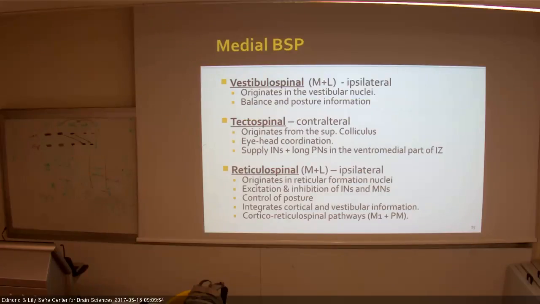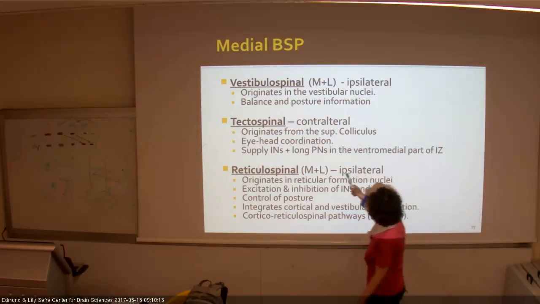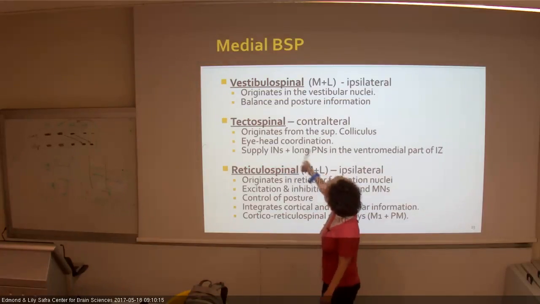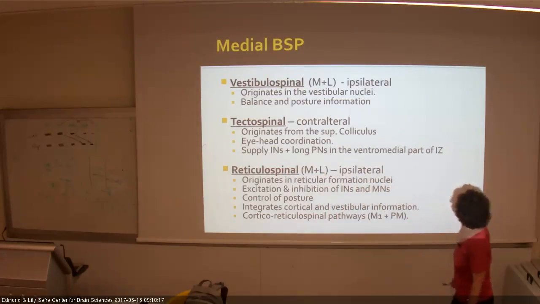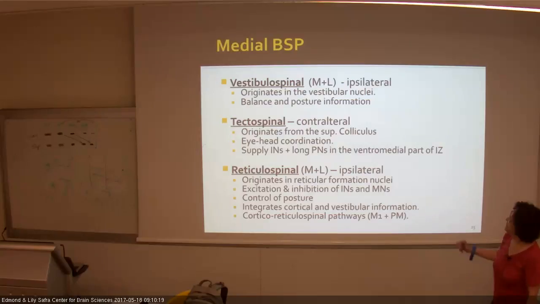It's important that information from the superior colliculus reaches at least the cervical part of the spinal cord, where innervation of neck and upper limb proximal muscles is located, and the system is responsible for eye-head coordination.